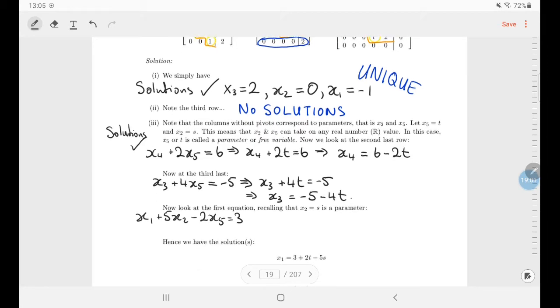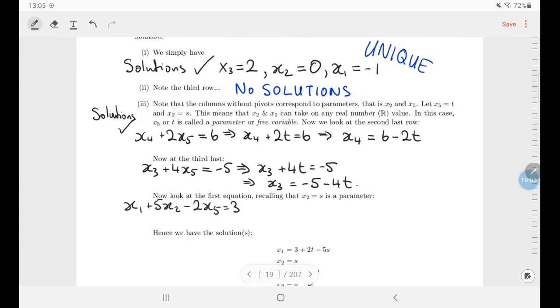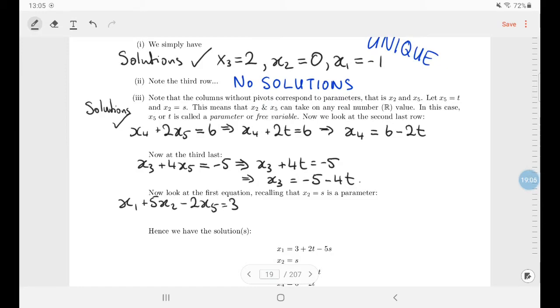I know that x2 I'm calling s as a parameter, and x5 I know as a parameter I'm calling t. So I end up with x1 plus 5s minus 2t is equal to 3. I need to take away the 5s from both sides and add the 2t. So I get that x1 is equal to 3 minus 5s plus 2t.